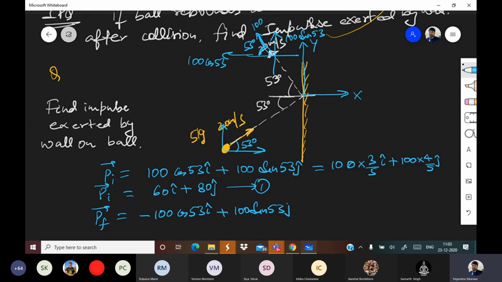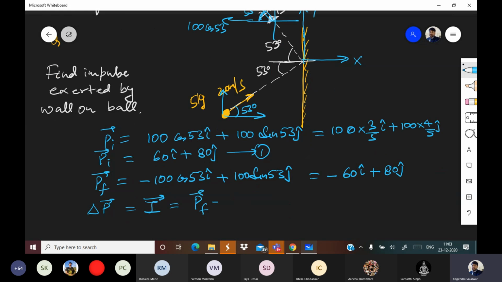Delta P vector, that will be I vector, is equal to P final minus P initial, and that will be minus 120 I cap kg meters per second. This is the answer. So if you have given 120, your answer is correct. But you need to take care of directions also: how to take components, how to subtract, how to take plus minus. Any doubt, any question?